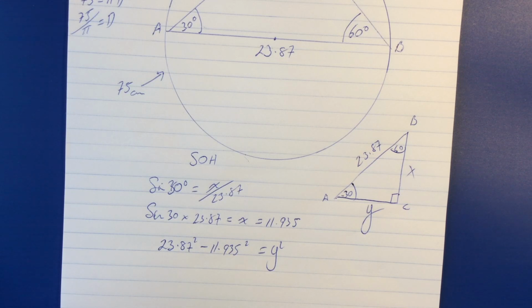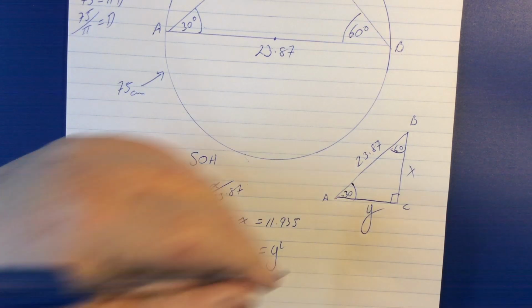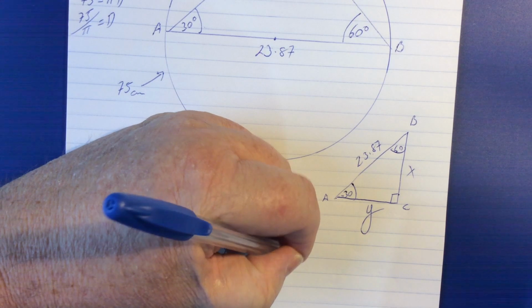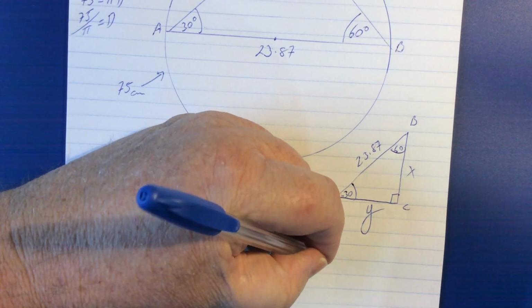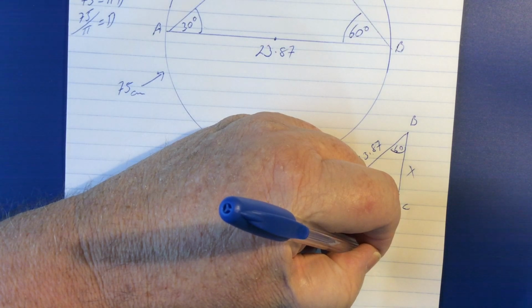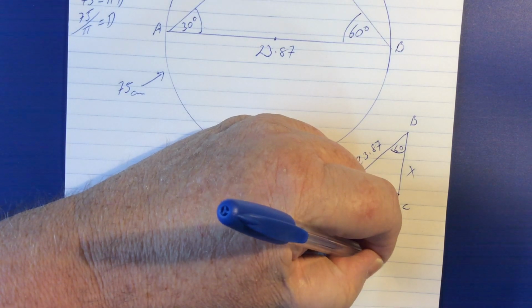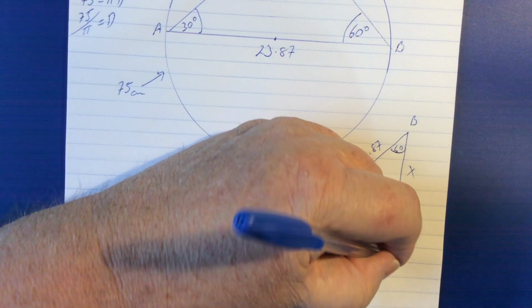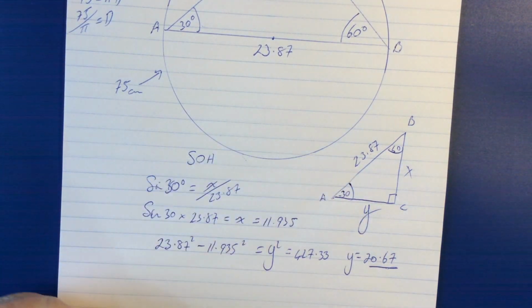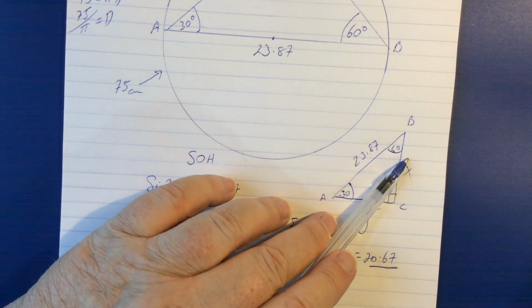Now we're going to find the square root of that. So y squared equals 427.33, and y is equal to 20.67, near enough. Okay, so we've got that, we've got the base, we've got the height.